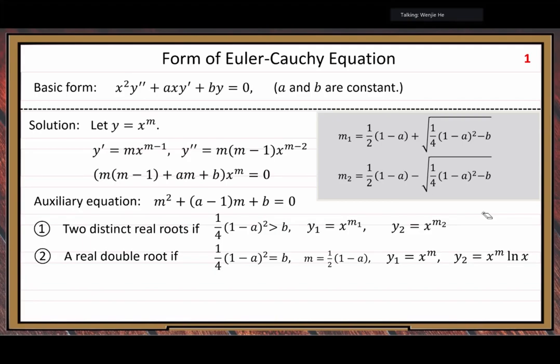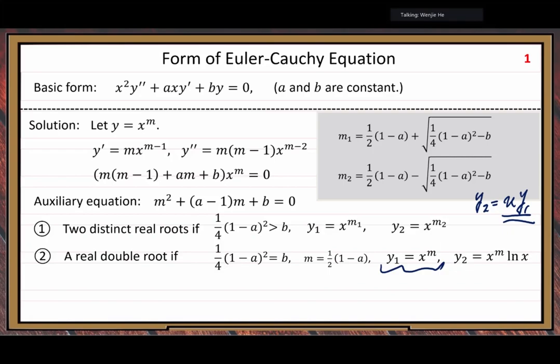We have a method to bring down the order of the ODE from order 2 to order 1. How do we bring it down? We need to know y1 first. Then we choose y2 equals u times y1. In this way, we use a new variable u and a new ODE regarding this u function.